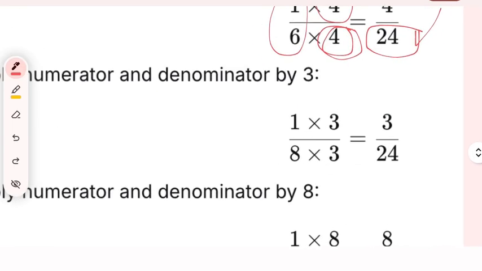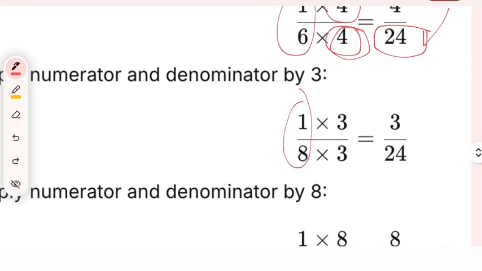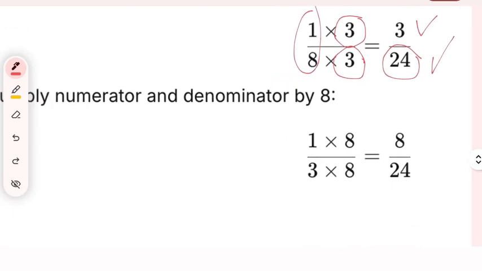What about the third fraction? The third fraction is 1/8. To make the denominator 24, we multiply by 3. We also multiply the numerator by 3, and that would be 3 over 24. And the last fraction is 1/3. To make the denominator 24, we multiply by 8.